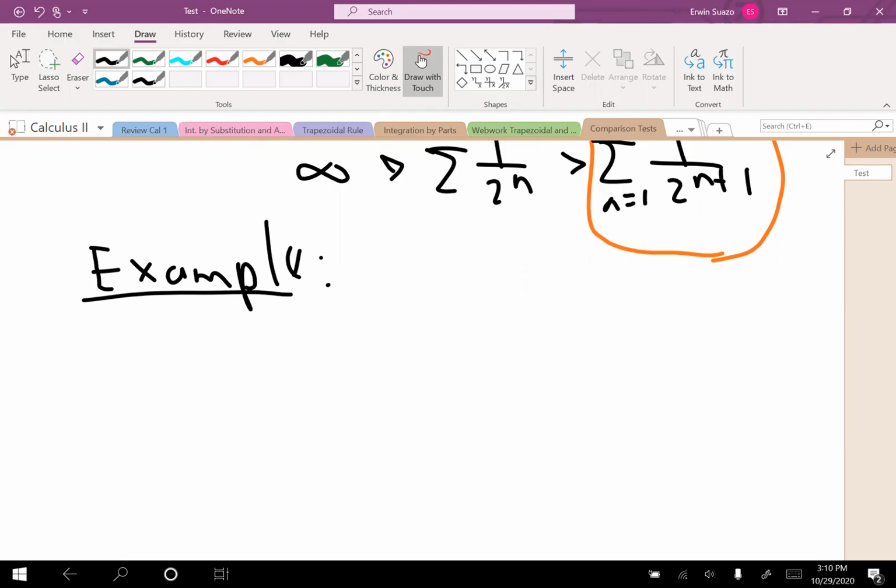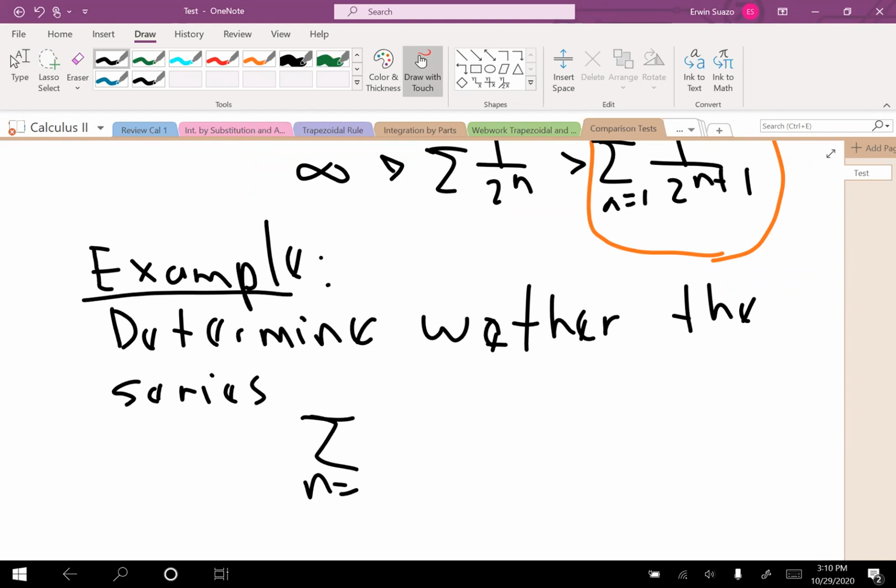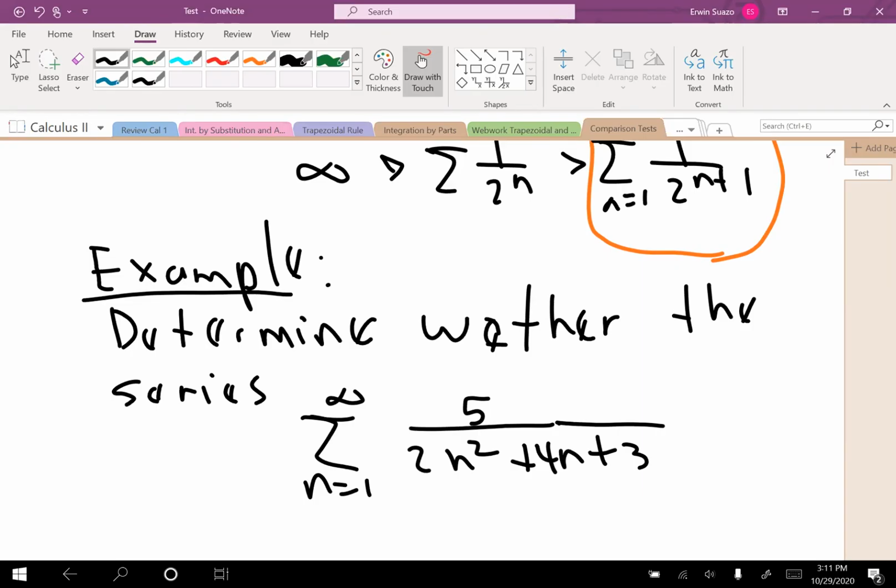So determine whether the series, the sum from n equals 1 to infinity of 5 over 2n squared plus 4n plus 3, is convergent, converges or diverges.